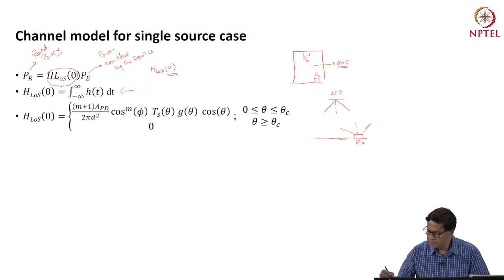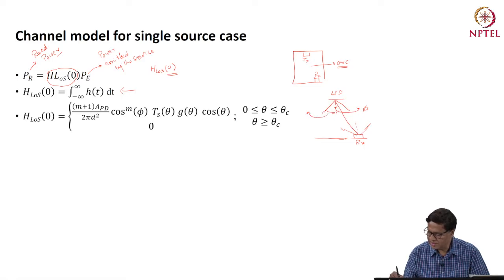Now, the ray from the source falls onto this receiver and is collected by the receiver because it is falling within the cone of the receiver FOV. So this angle, let us say, is phi, which the emission pattern makes with the normal.